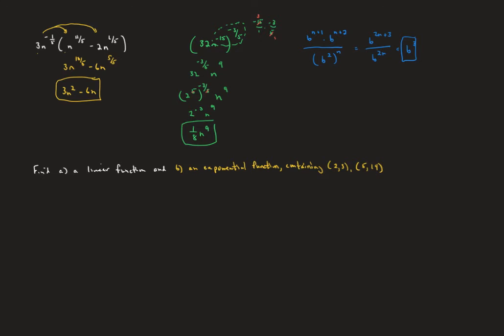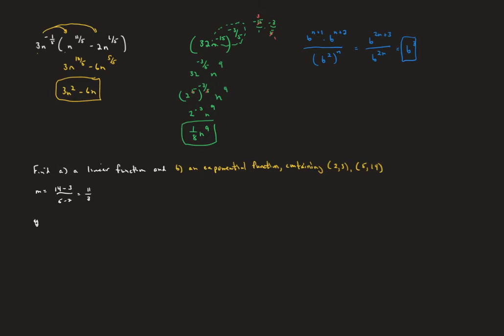On the next one, we're going to first find a linear function. So that means we want the slope. So we can go 14 minus the 3 over 5 minus 2 is going to be 11/3. That's our slope. We can take either of those points, and we can just make our life easy and get a point slope form.